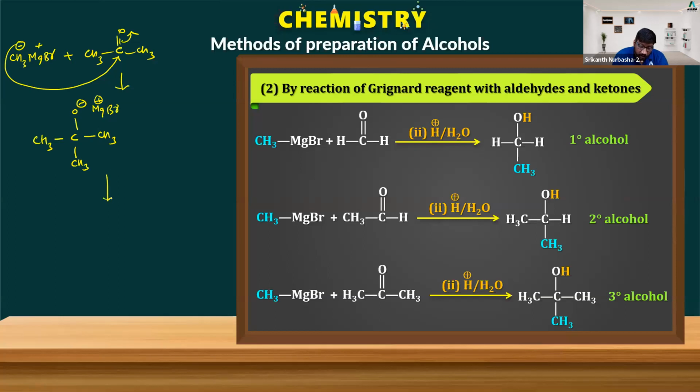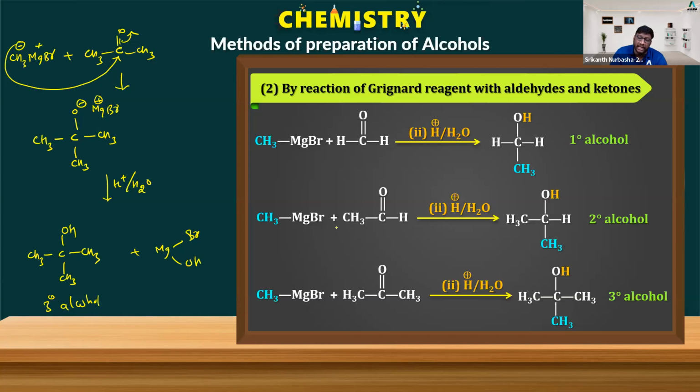Now we treat this with H+ in the presence of H2O. So O- picks up the proton, and you generate CH3COHCCH3CH3. It is a tertiary alcohol. And MgBr reacts with water to form MgBrOH, and H+ is again lost.